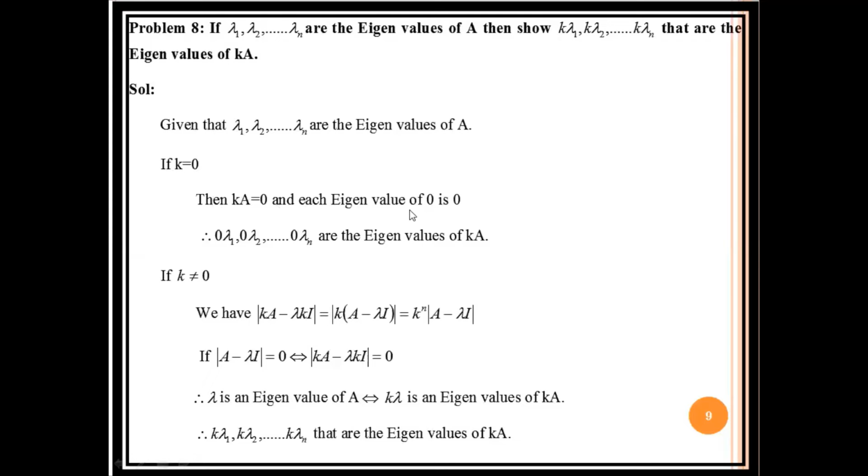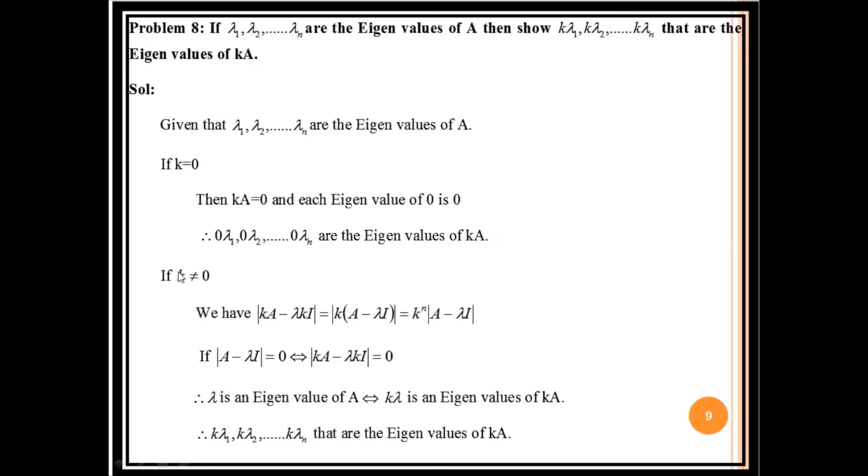So each eigenvalue of 0 is 0 only, because kA is 0, no? Right? So that implies these are the eigenvalues. In place of k we have taken 0, no? So 0 lambda 1, 0 lambda 2, and so on, 0 lambda n are eigenvalues of kA.